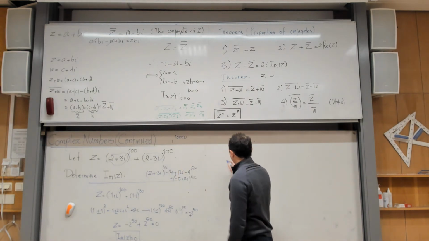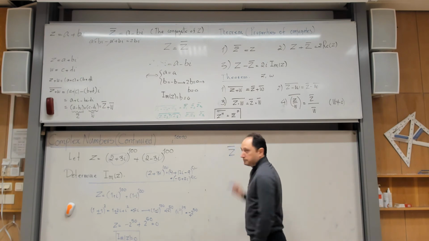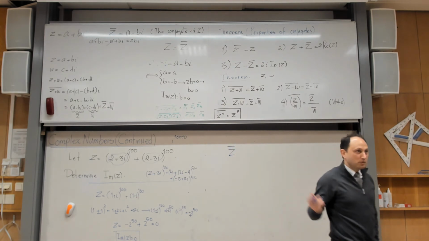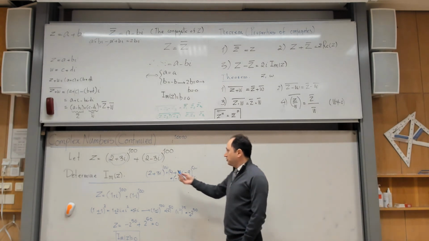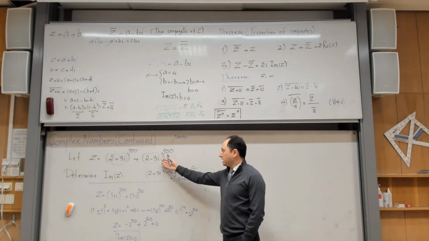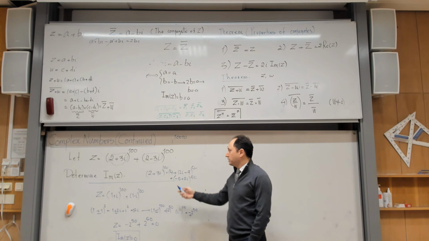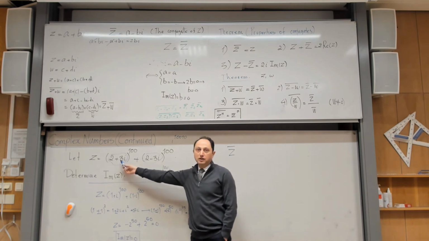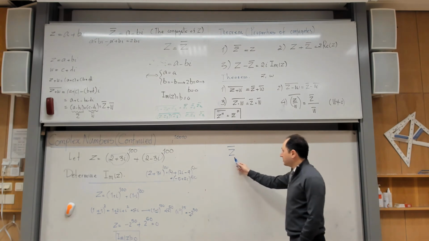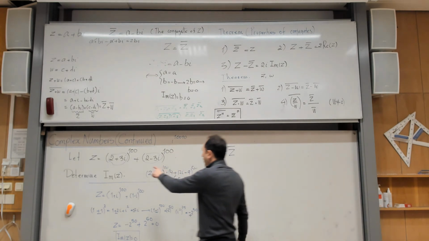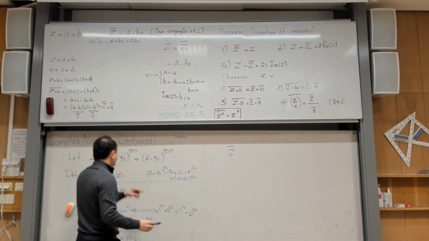If you don't mind, let me calculate z bar. These problems I consider hard because usually you are supposed to calculate this thing directly. But I am telling you, if you observe that these are conjugates, it might not be that hard to understand that I conjugate this one. Let us see what happens.